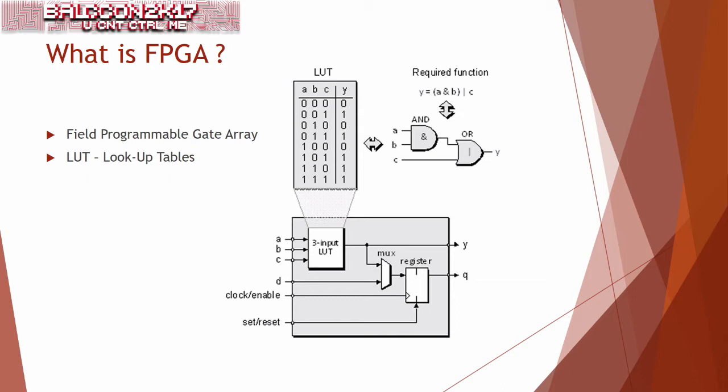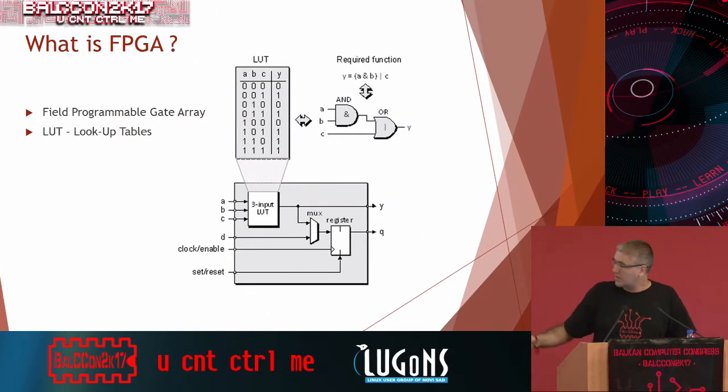You also have a D flip-flop in that element, with a clock, and you can use the output of the three input LUT, or you can use a separate input for it, depending on the needs. That's the basic building block of all FPGAs. You are using that one element multiplied thousands of times just to get a programmable device.